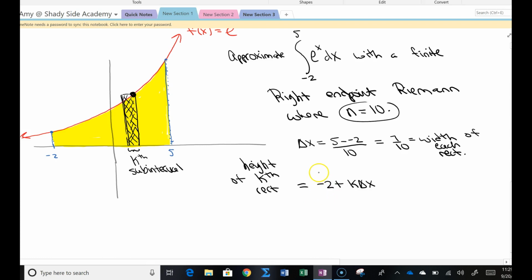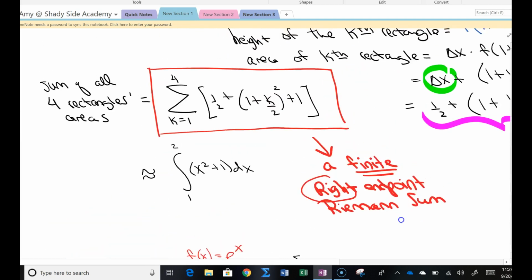This here is actually just the kth right endpoint, so it's f of all of that. That's the height of the kth rectangle. If it was just -2 plus k delta x, that's just the kth right endpoint. So f of the kth right endpoint is the height of each rectangle. The area of the kth rectangle is equal to width times height, correct? So width times height.